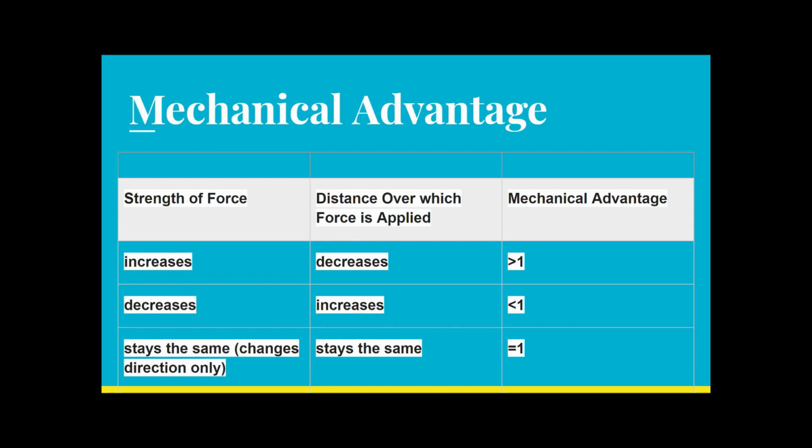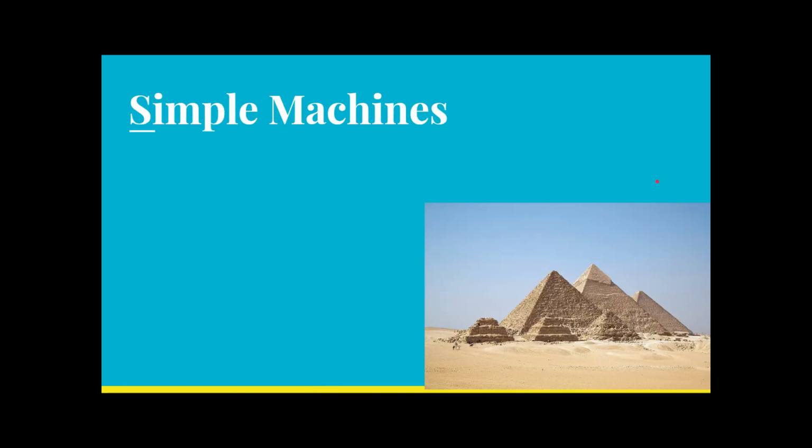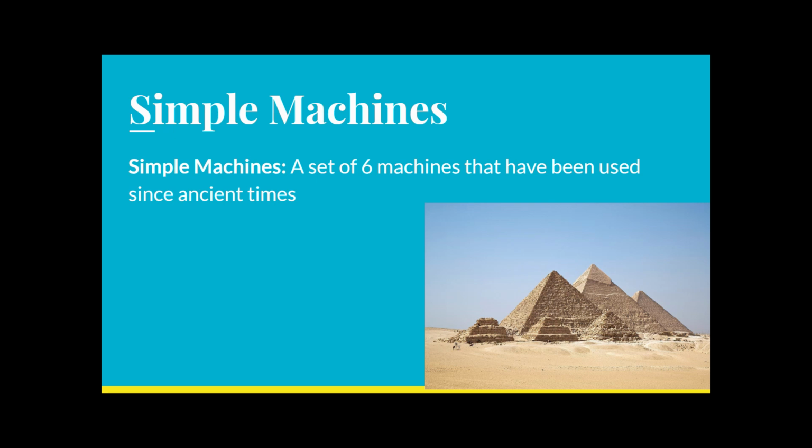But let's move on. As the unit says, we're going to look at simple machines. So what is a simple machine? Simple machines are a set of 6 machines that have been identified and used by humans since ancient times. Some of these machines were used to build the pyramids, and the pyramids were built, I believe, 5,000 years ago.